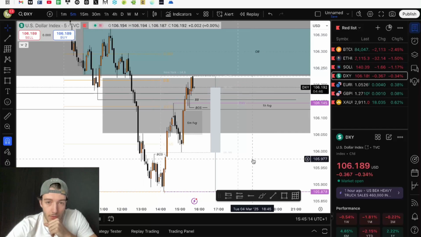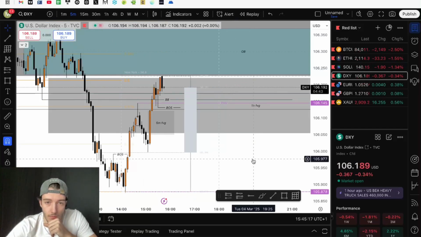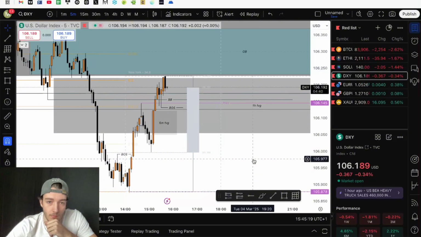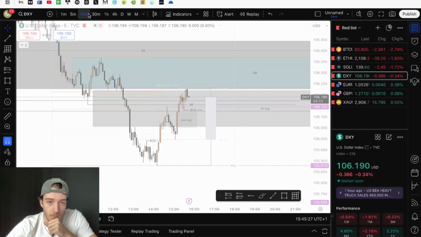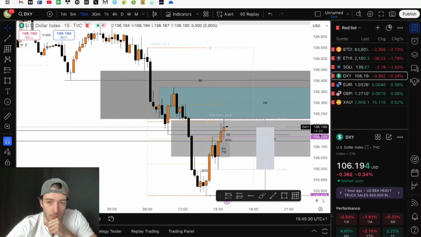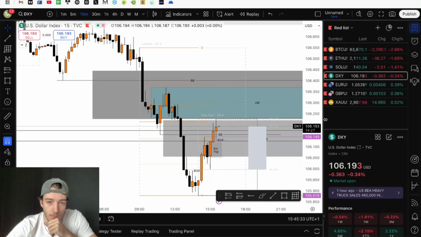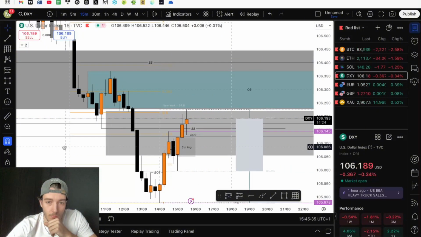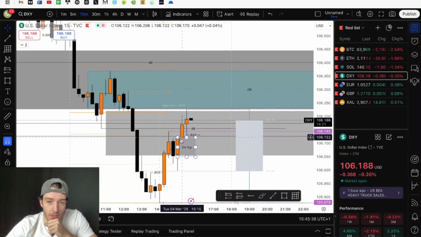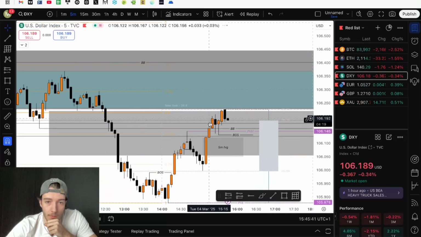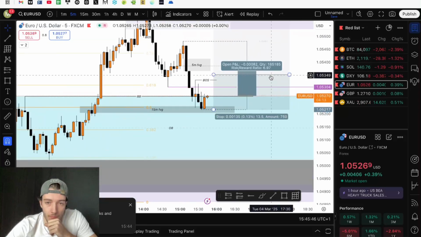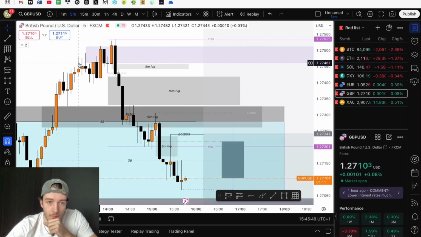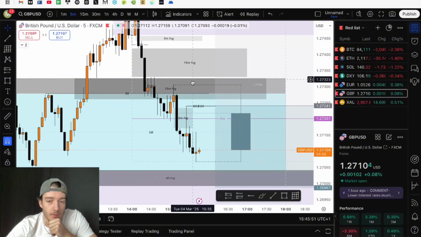Hopefully get a break of structure soon. These bullish candles are getting weak. On the 15-minute and on the 5-minute, we're likely gonna break structure soon. Hopefully on these pairs we're gonna see a break of structure also.